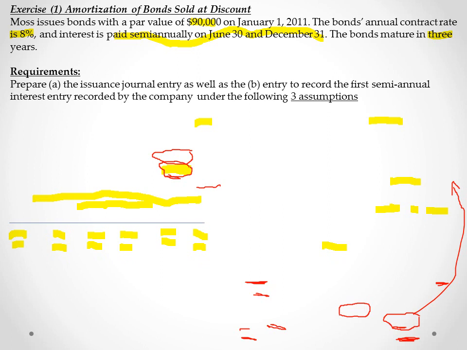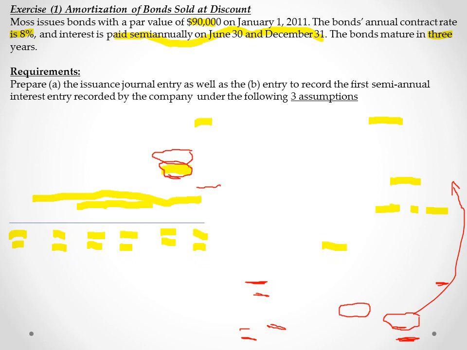Please be aware that the first semi-annual interest payment entry will be the same as any other interest payment entry, because it will be repeated by the same amount every 6 months. So we are only going to do one, because any journal entry we record will be the same as any other interest expense recording.